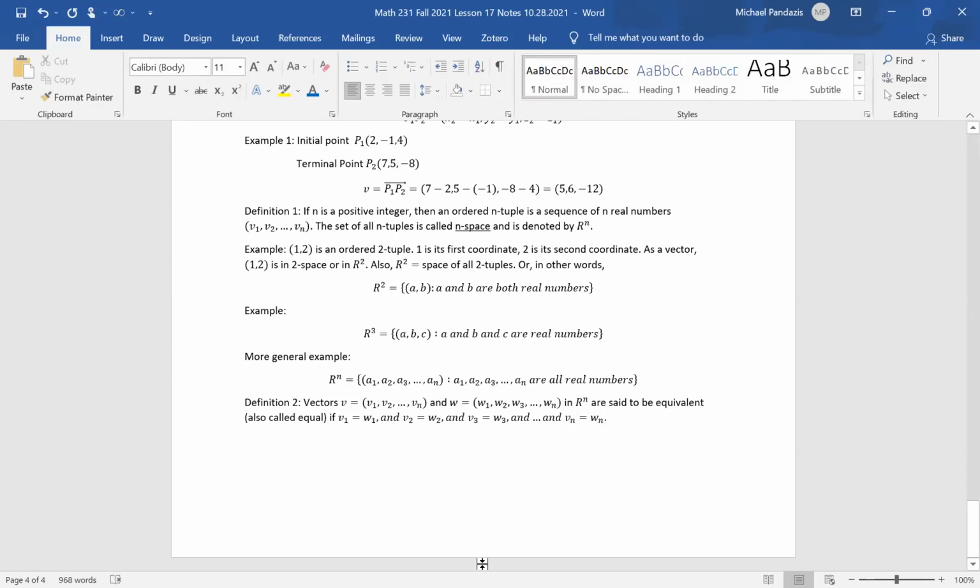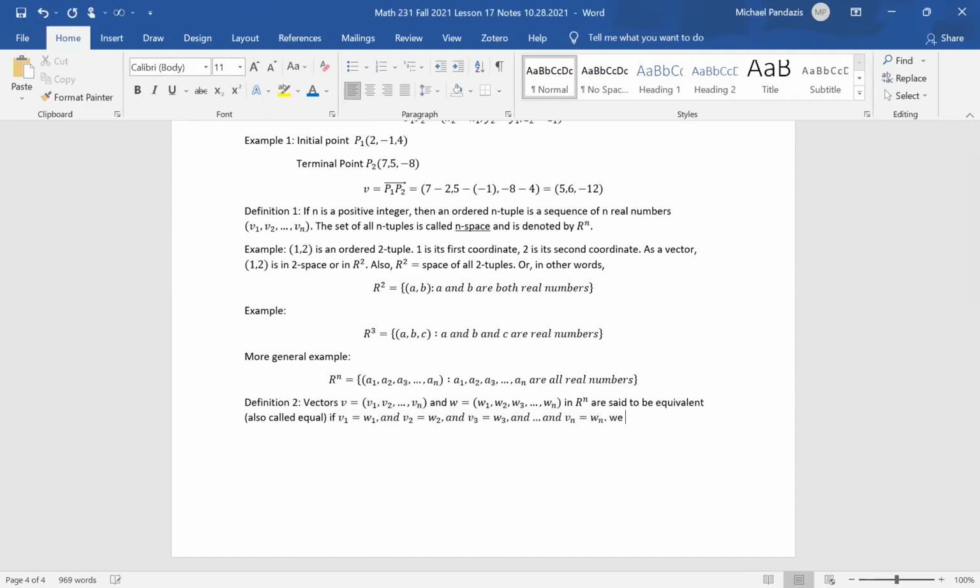Okay, so we were saying before how corresponding components have to be the same for two vectors to be equal. It's the same thing here for vectors in n-space. We have two vectors in n-space. Saying that they're equal means that each of their corresponding components are the same or equal.